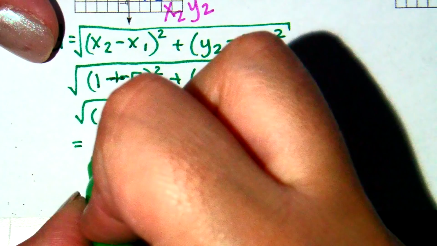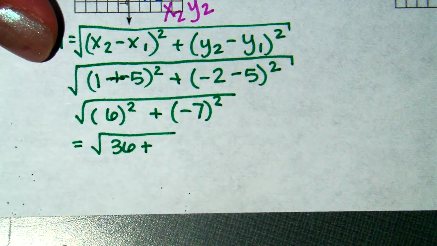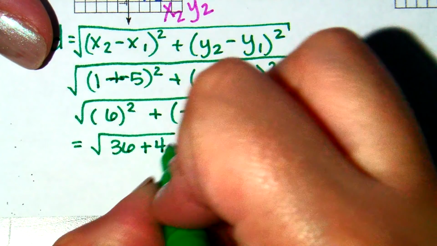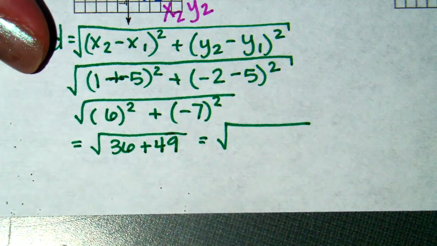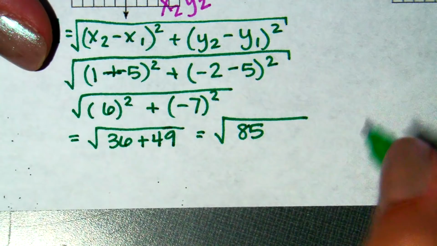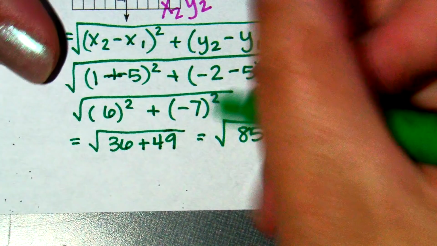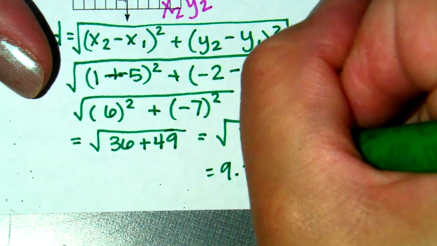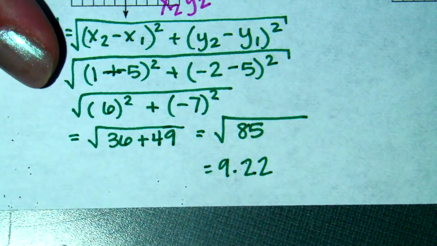So I get the square root of 36 plus negative 7 squared is 49, which is the square root of 36 plus 49 is 85. The square root of 85 is 9.22. Let's round to 2 decimal places.